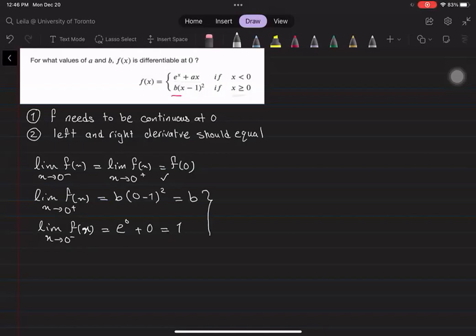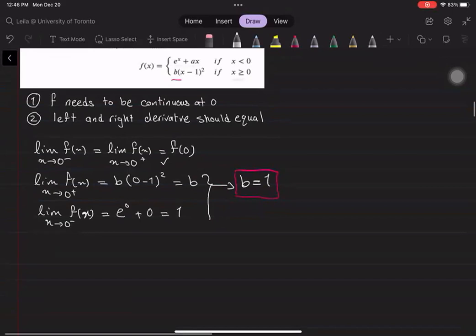Now you want these two to be equal, so you have b equals 1. And so now your next part is to find the derivative. So you want f prime of 0 to equal the left side of 0.